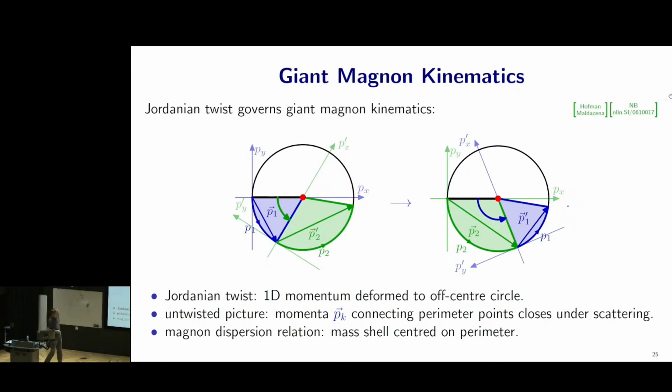And in this giant magnon kinematics picture, you could see them as some pieces of a pie, and if you just line up these pieces according to how they chain up along the chain, you get such a picture. Now, these two-dimensional px, py momenta could be seen as the arrows going from one end of this segment to the next end, and if you chain up these segments in this way, you obtain a sequence of momenta.